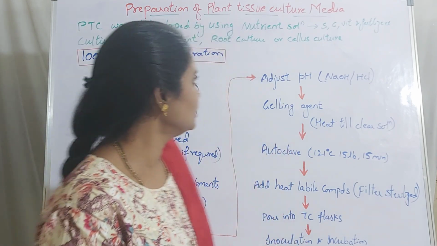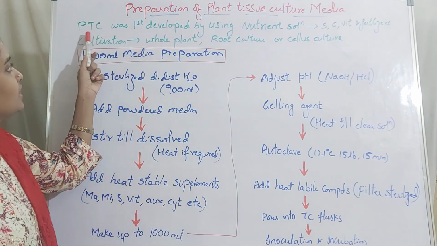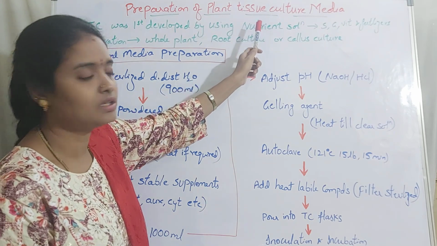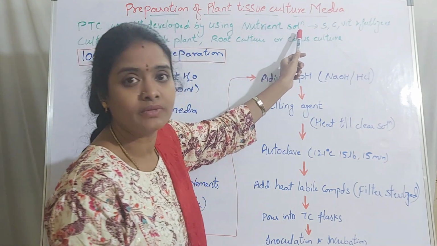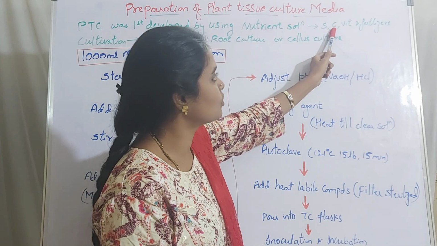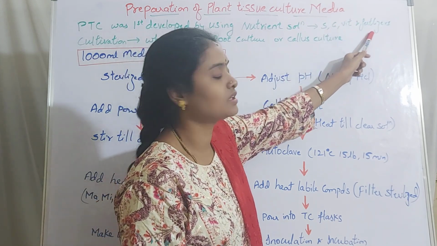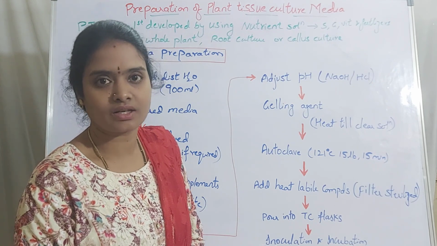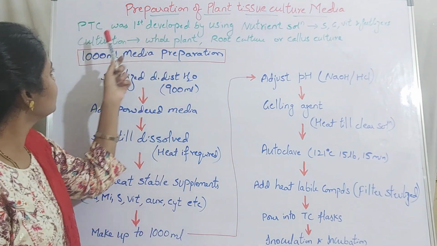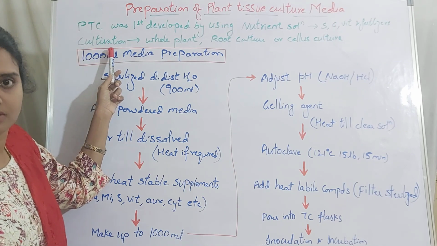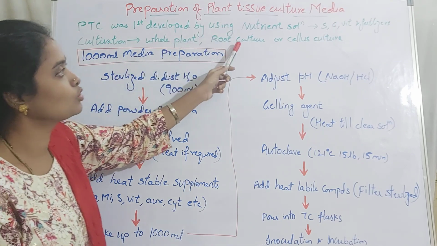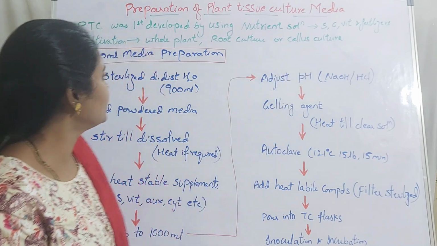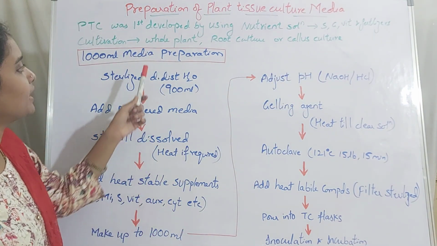Normally in plant tissue culture, they first used all the nutrients in solution form, that is sucrose, glucose, vitamins and fertilizers, and they were successful in producing plantlets. After that, they were able to cultivate the whole plant, root culture or callus culture. Now we will see how we are going to prepare this media.